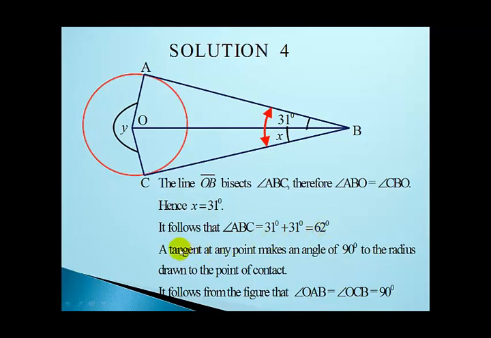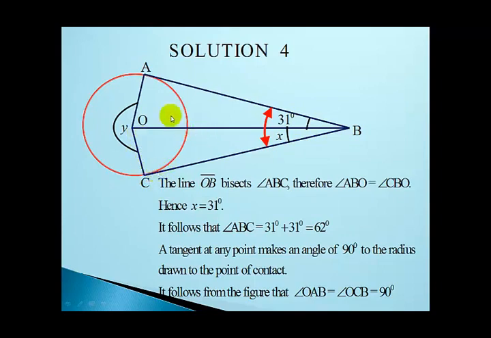Now, a tangent at any point makes an angle of 90 degrees to the radius drawn to the point of contact. So the angle at A is 90 degrees and the angle at C is 90 degrees, because AB and BC are tangents to the circle, and the angle between a tangent and the radius of the circle is 90.